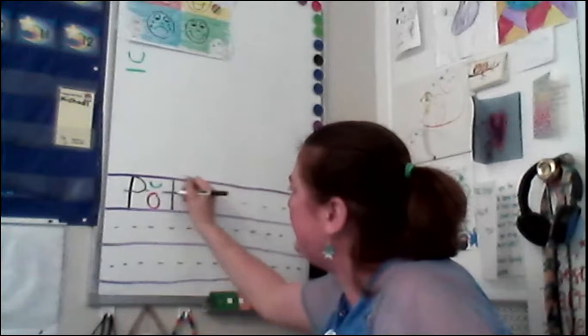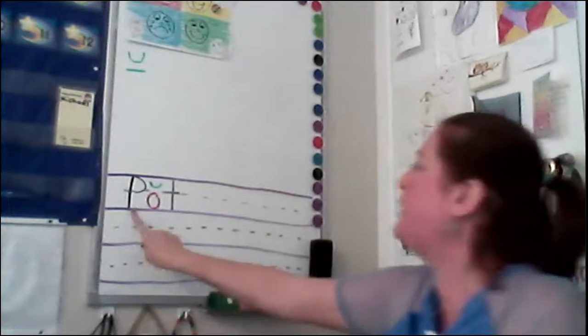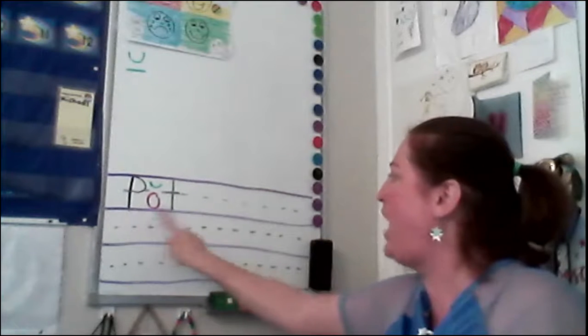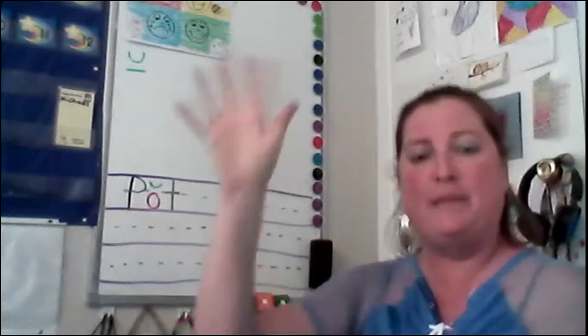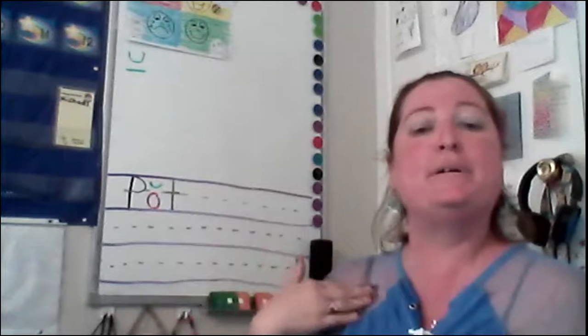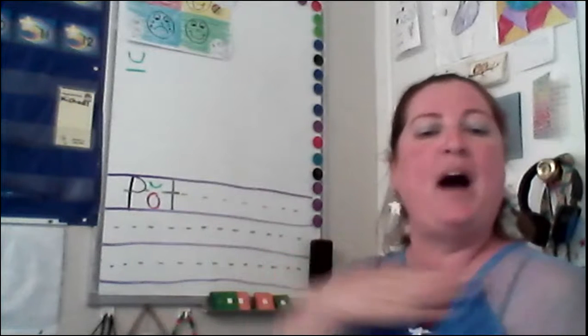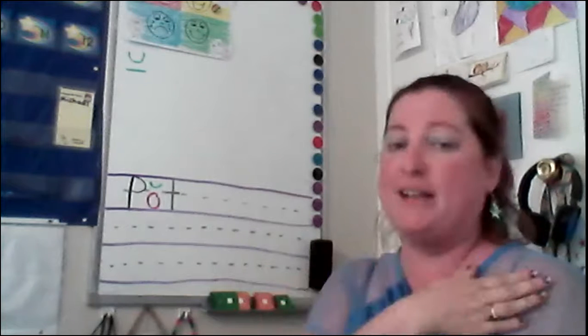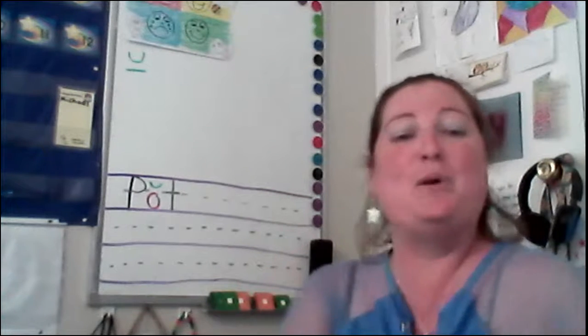Line down and cross. That way you can see it better. So it's pot, pot, pot, pot. Okay, I'm going to get my hands. We're going to touch, okay? So pot, pot. I want you to do it. Pot, pot.